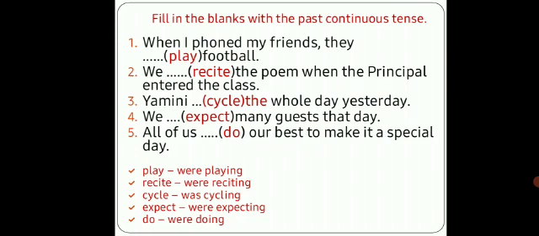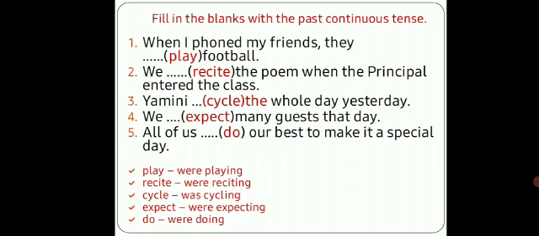And then number 3, Yamini. Now this is singular, isn't it? Yamini was cycling the whole day yesterday. Was. I chose this was because of the singular subject. We were expecting many guests that day. We were, because we is plural subject, so I choose the verb were.